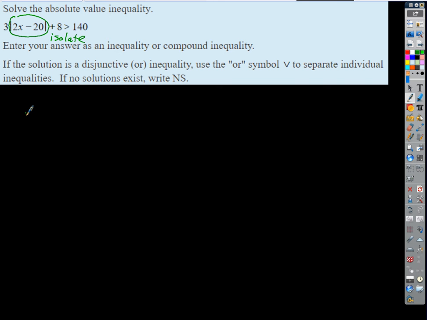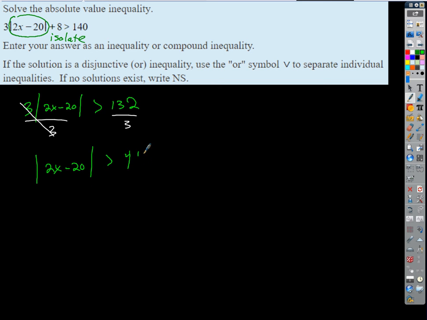So if I subtract 8 everywhere, that's going to give me a 132 on the other side, divide by 3, right? So we get our absolute value isolated. And that's going to give us 44. Okay. Now what?